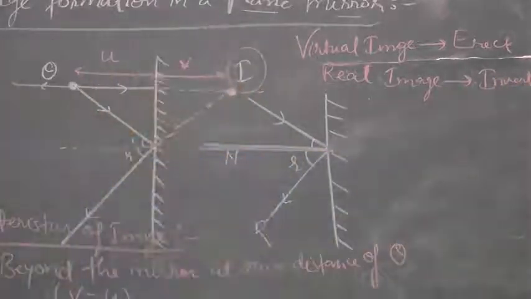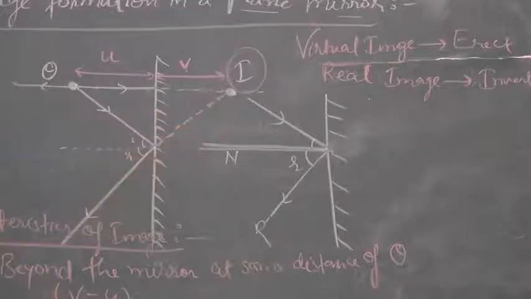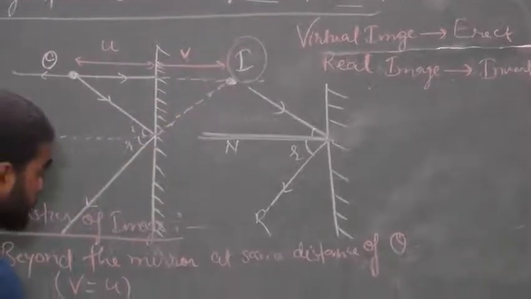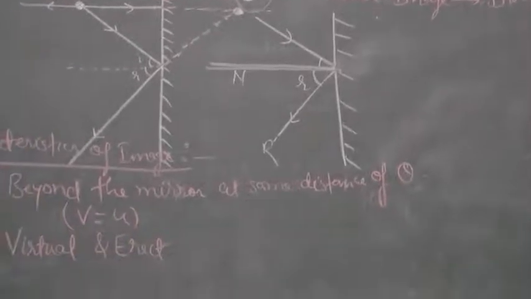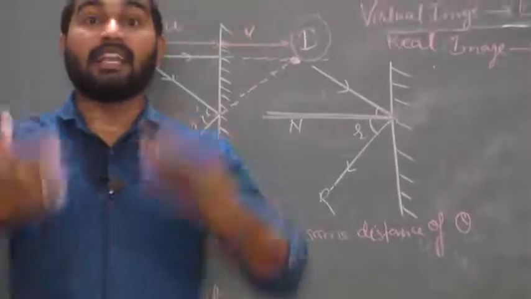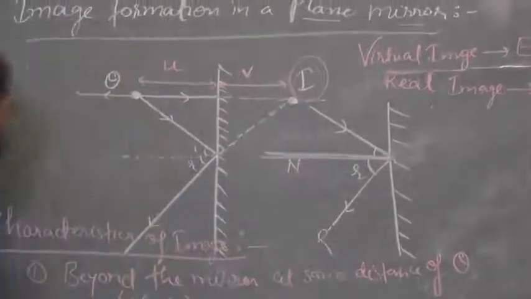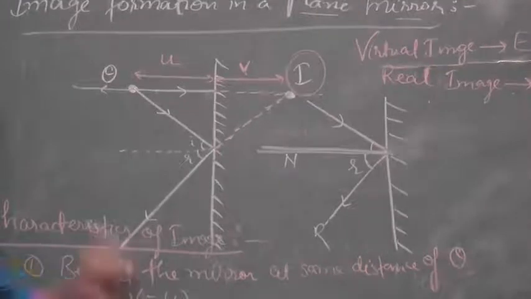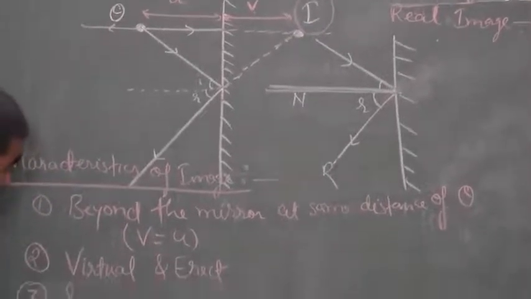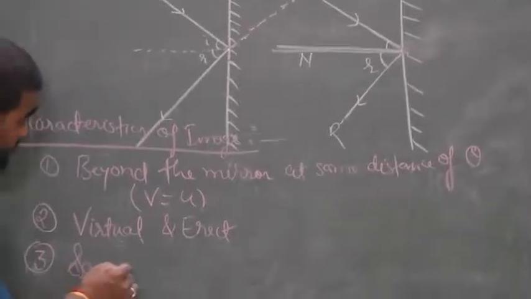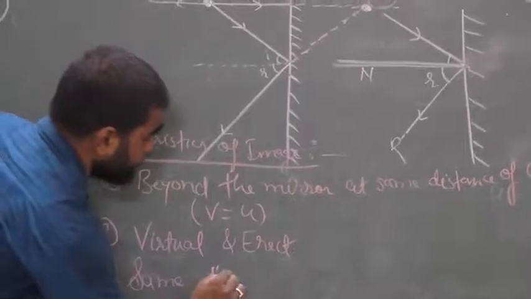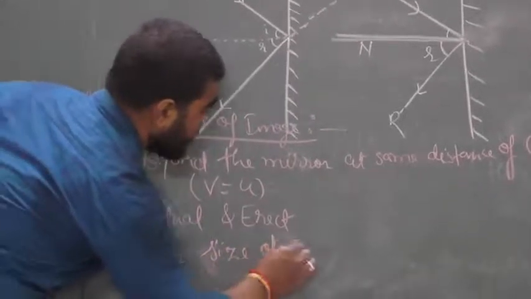So here a virtual and erect image is formed. You can stand in front of the mirror and see that your image is erect. In the next case, the image formed will be of the same size as the object.